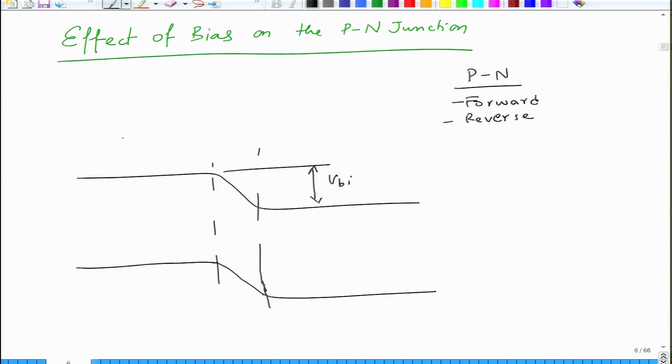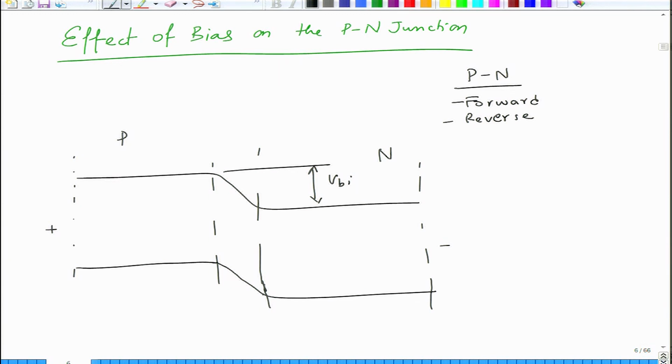It means that you have a PN junction here. Forward bias means your P side is made more positive, it's connected to the positive terminal, and the N side is connected to a negative terminal. This is called forward bias. What will happen in this case?